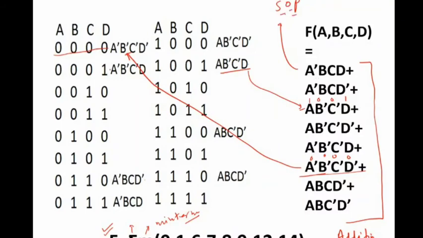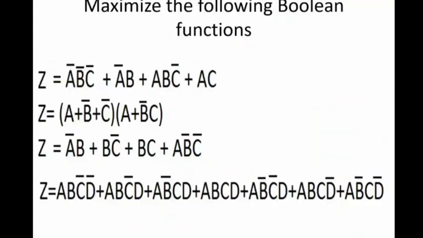What are the values? 0, 1, 6, 7, 8, 9, 12, and 14. So it is easy to write in this form of sum of products or mean terms.